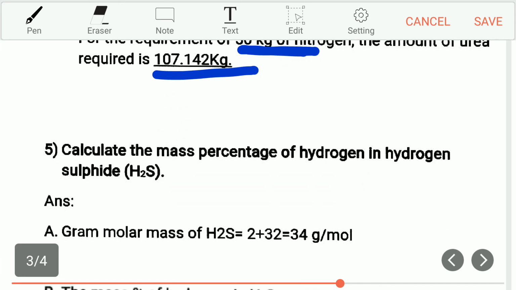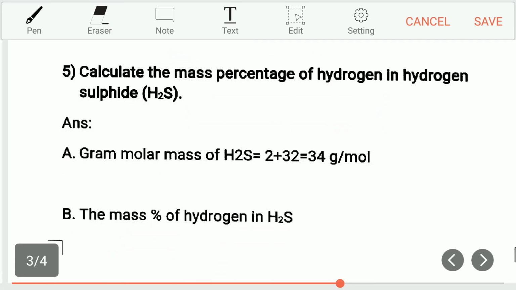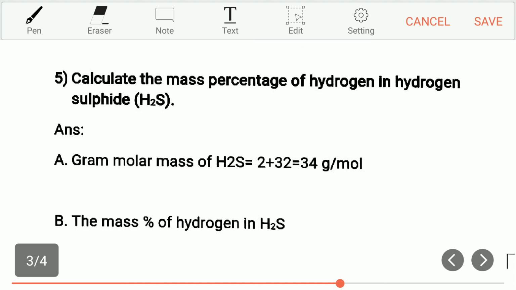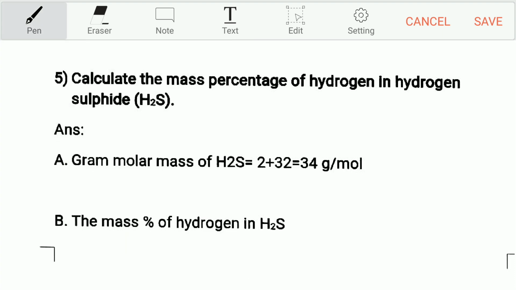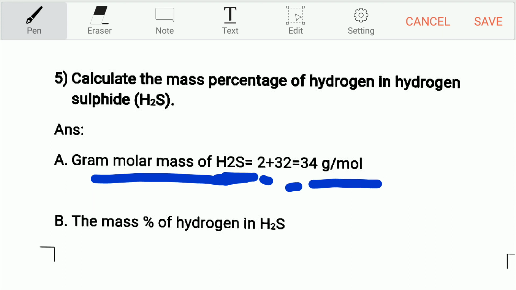Now next numerical, calculate the mass percentage of hydrogen in hydrogen sulfide. Here again we'll follow the same procedure. First we have to calculate gram molar mass of hydrogen sulfide. Gram molar mass of hydrogen sulfide is 2 plus 32. 2 is the mass of hydrogen in hydrogen sulfide and 32 is the mass of sulfur. So it will give you gram molar mass, that is 34 gram per mole.